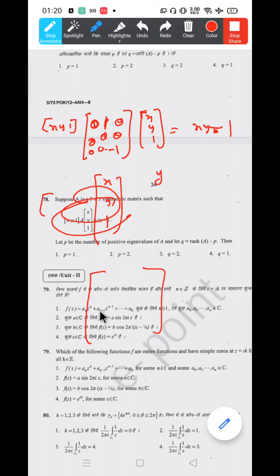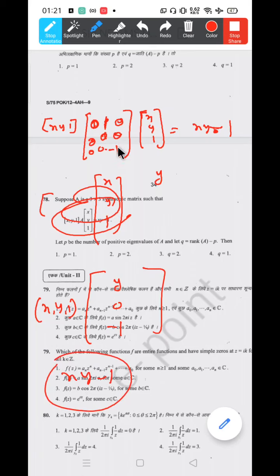First row first column is giving me y. First row second column is giving me 0. First row third column is giving me minus 1. Let us multiply with x y 1. What will this be? xy minus 1. Yes, we got our matrix. What is that matrix whose rank is 2?